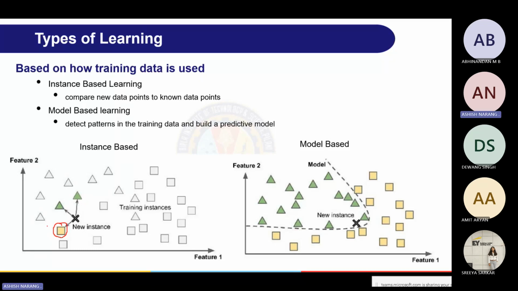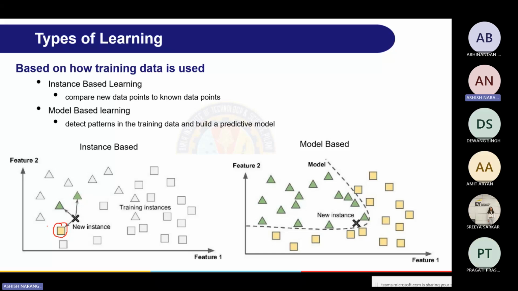I compare the new data points to the known data points and then categorize them. The two green triangles and one yellow square, all these are the new instances.